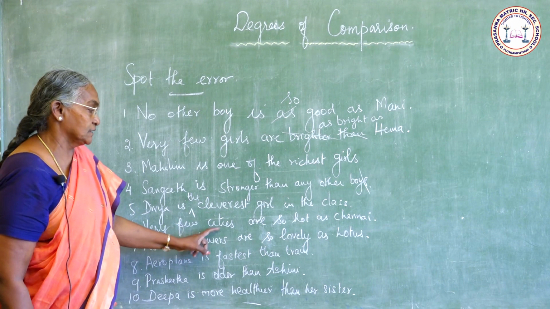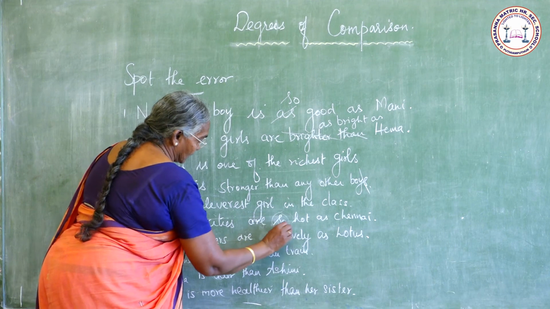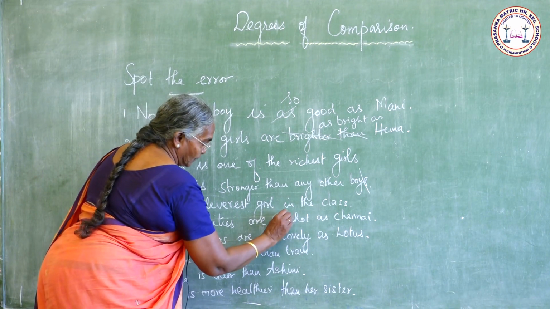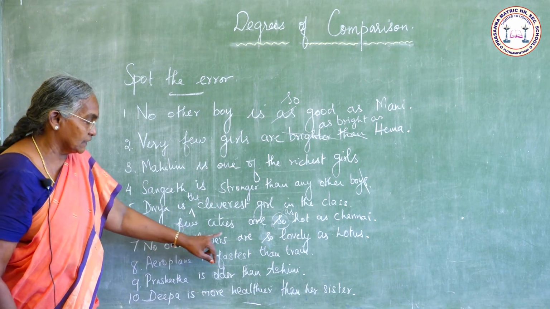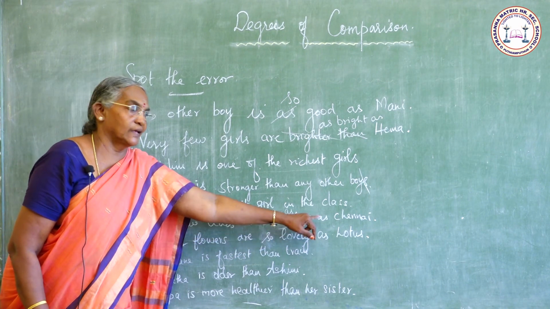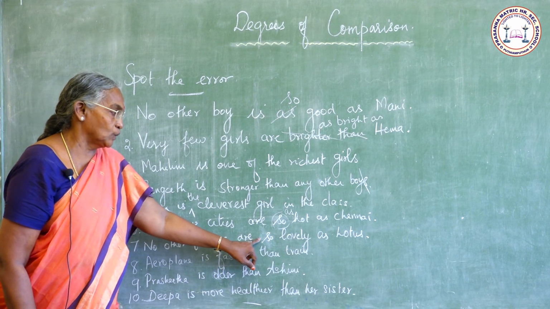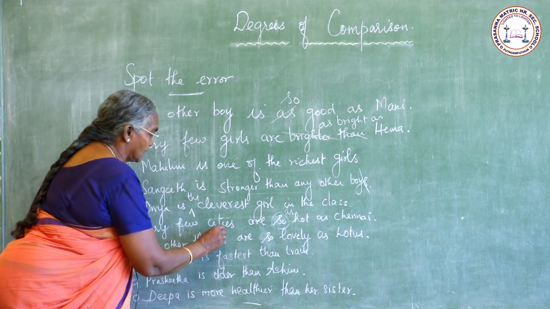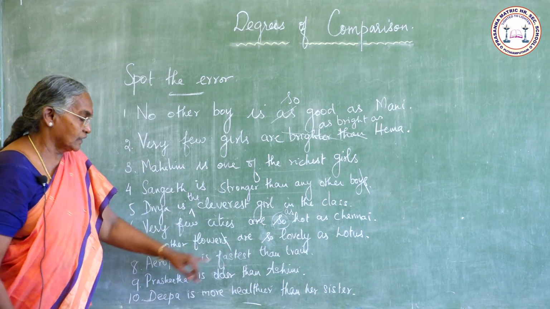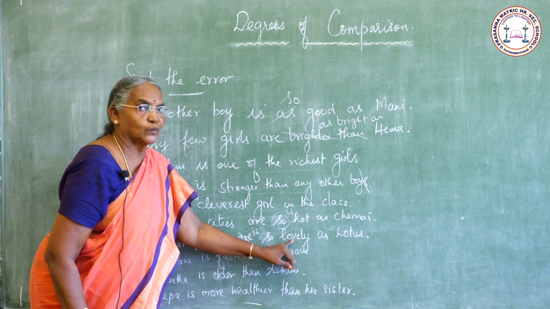When "no other" comes, we can put "so", but when "very few" comes, we should add only "as". Very few cities are as hot as Chennai. No other flowers are so lovely as lotus. No other flower, no "s" here. No other flower is so lovely as lotus.